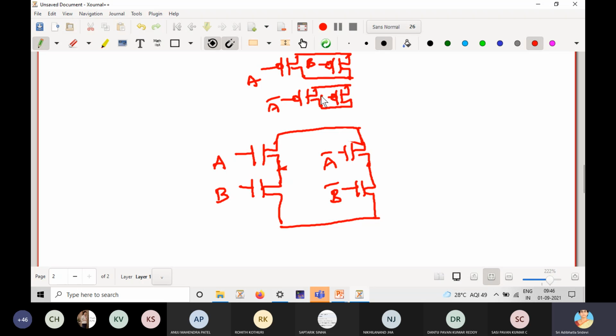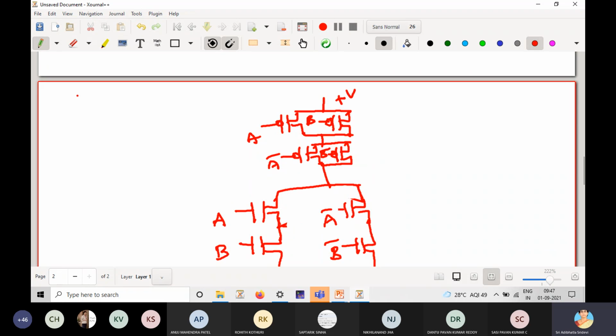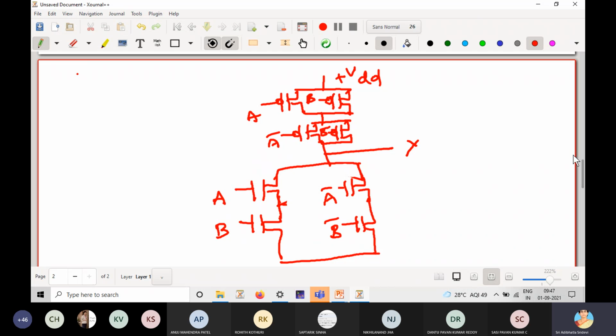But of course, what I have to do here is add two inverters.